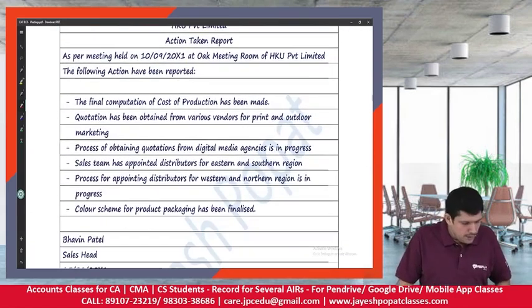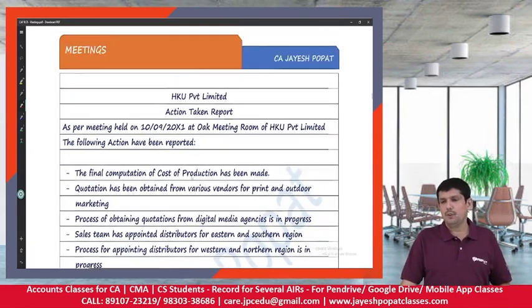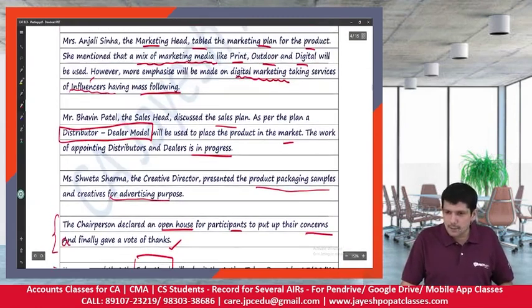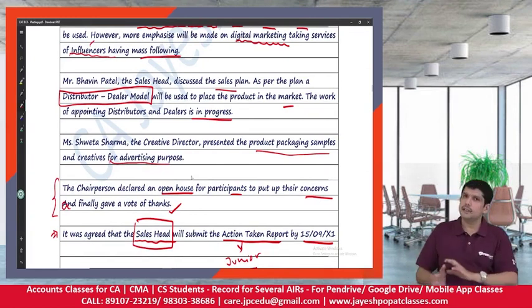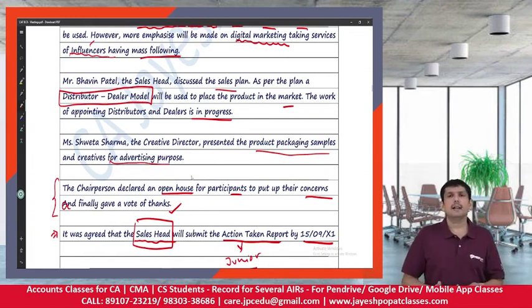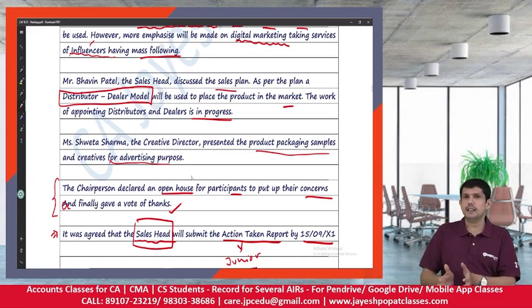So now we'll talk about the action taken report. See, the action taken report will basically flow from our minutes of the meeting. Maybe in the exam again we are just supposed to make the action taken report.